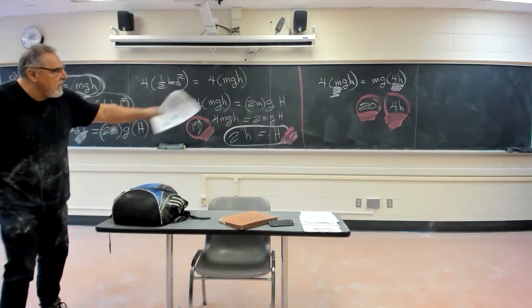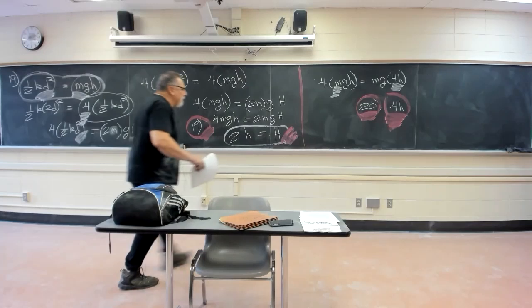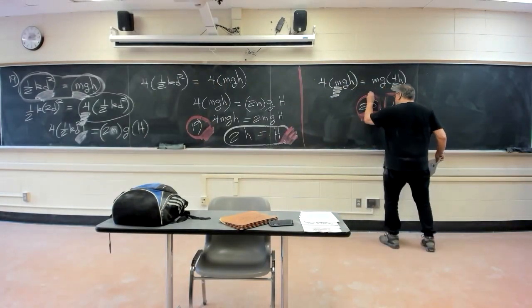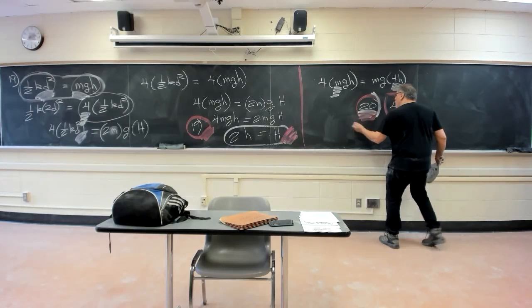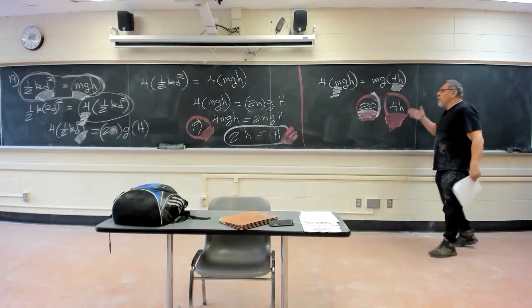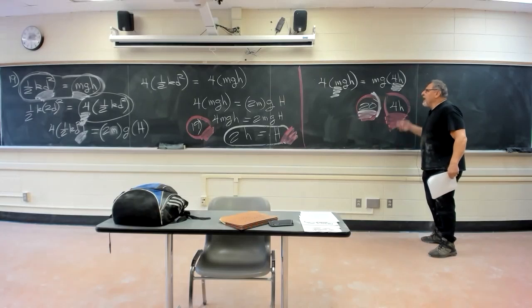You'd almost wish they would have asked you problem number 20 in that way. Say, well, if you got 4 times the potential energy when you compress it twice as much, it's going to go to 4 times the height to give you 4 times the potential energy.